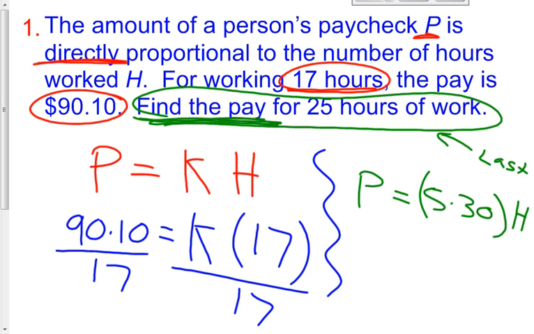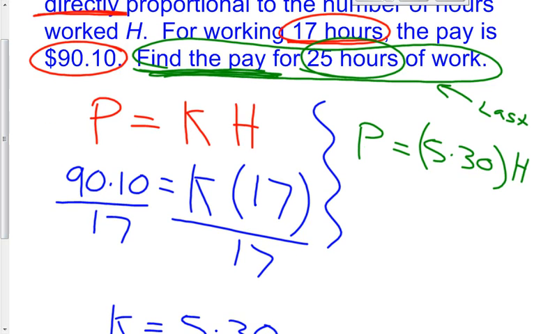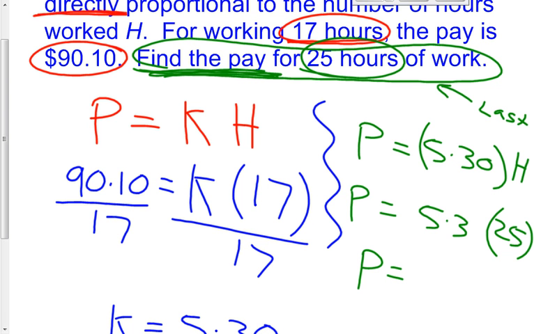What is P if he works 25 hours? Well, what is P if 5.3 is multiplied by 25 hours? 5.3 times 25, what is the pay that he gets? $132.50.